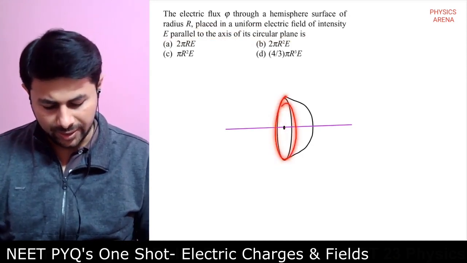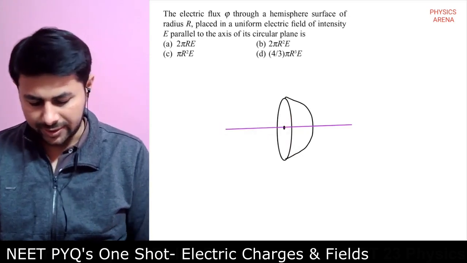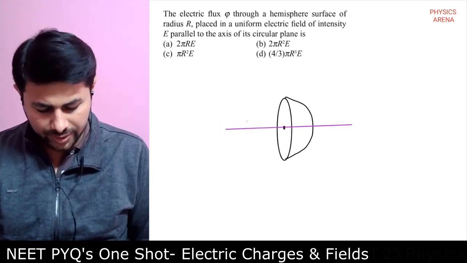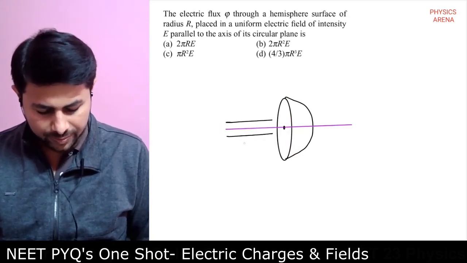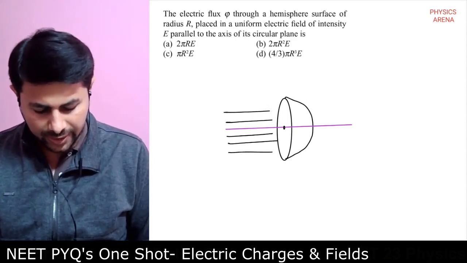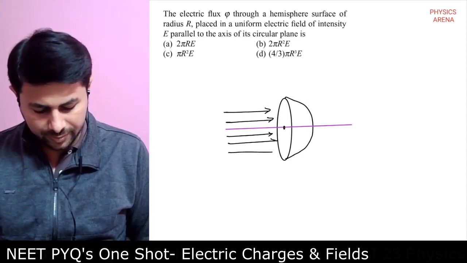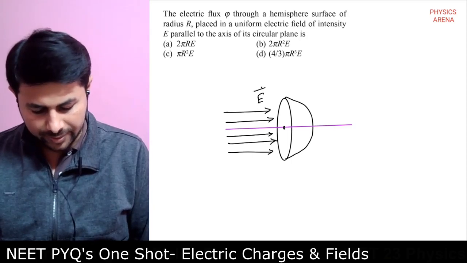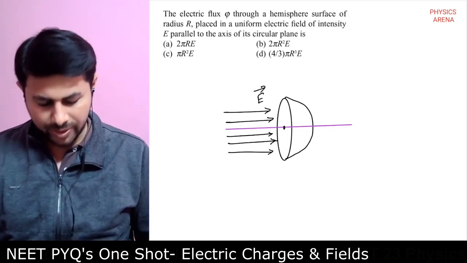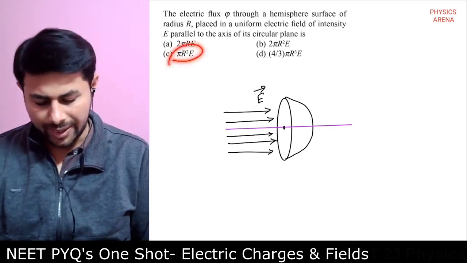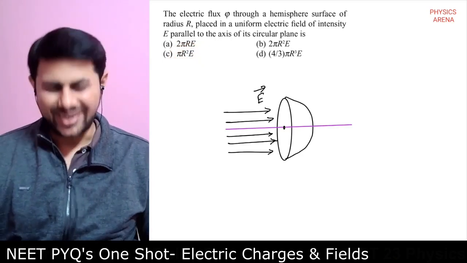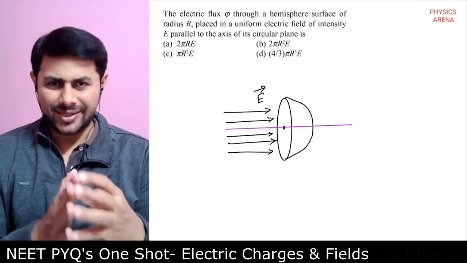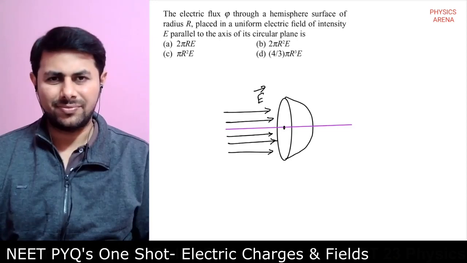This is the circular plane, and the field is parallel to this axis. Suppose the electric field is like this, E. So how much would be the flux? It will be pi r square E only. If it was a closed surface, then the answer would be 0.